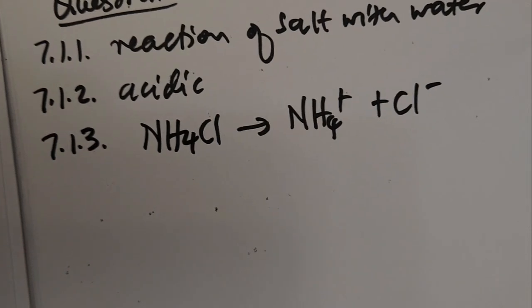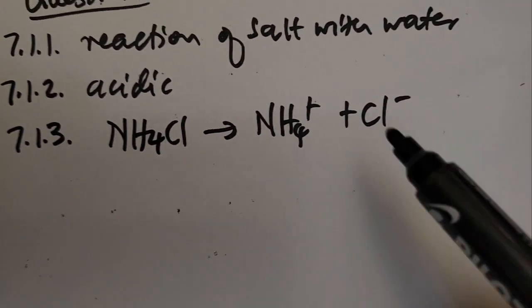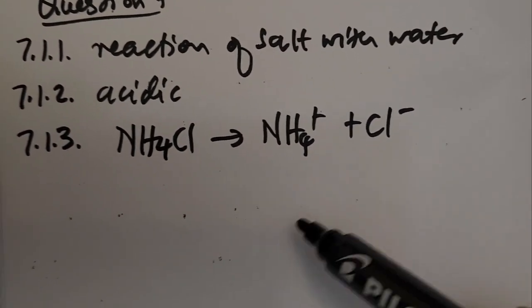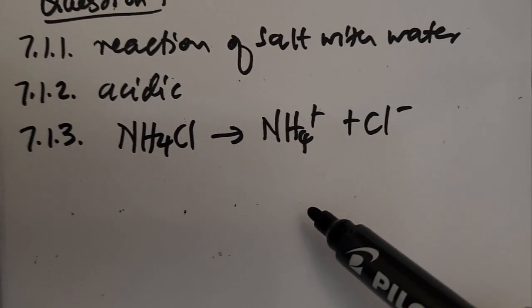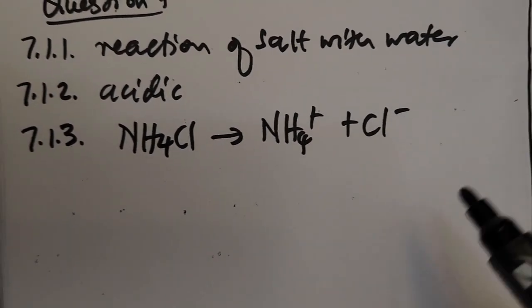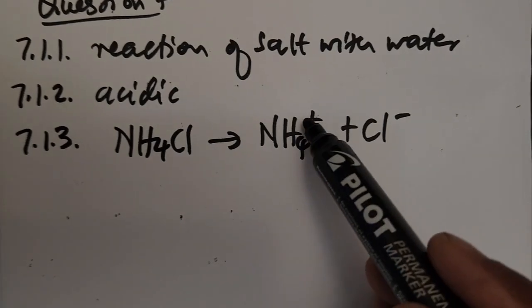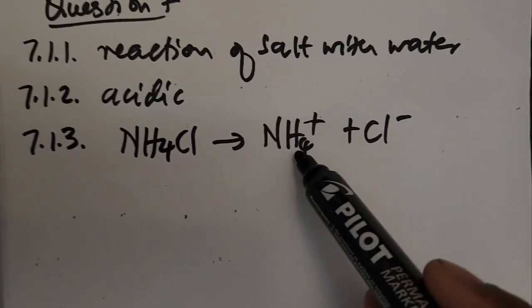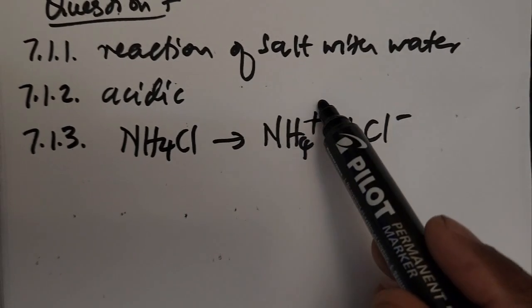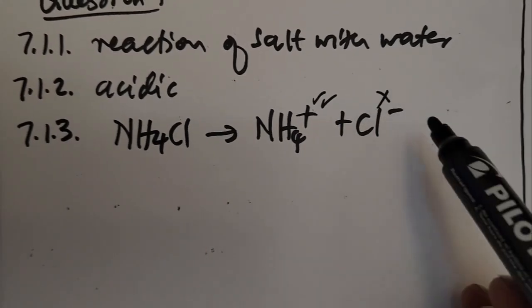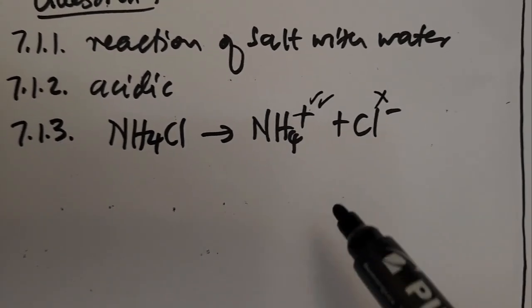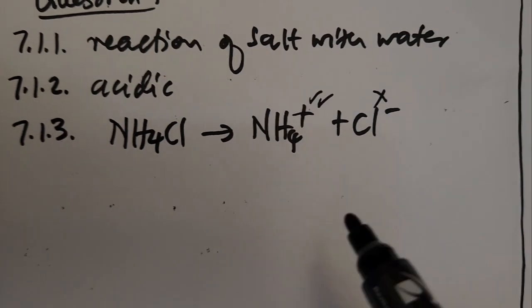Now the rule of hydrolysis says only the ionic salts of weak acids or weak bases undergo hydrolysis, meaning that this one, which comes from the weak base, will undergo hydrolysis. This one comes from the strong acid, so no hydrolysis.